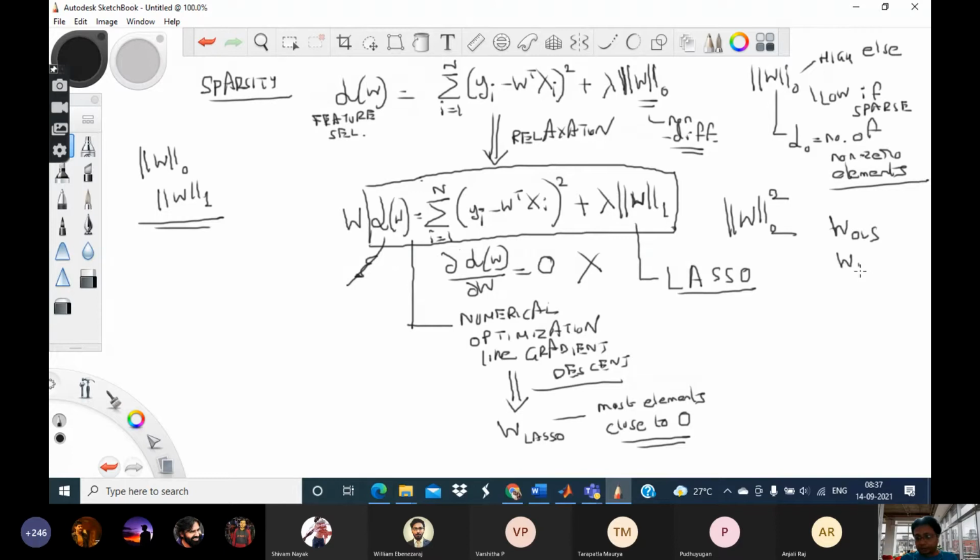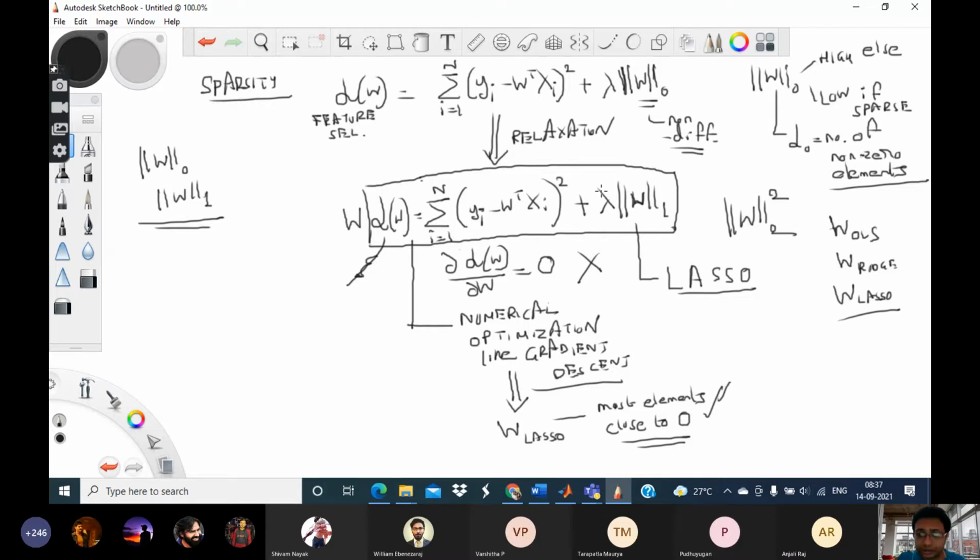Then I talked about W ridge, which gives you a W where all the elements are small or bounded, while also trying to minimize the loss, the error. And then I also talked about W lasso, where you get a W where most elements are close to 0, while also trying to minimize the error.